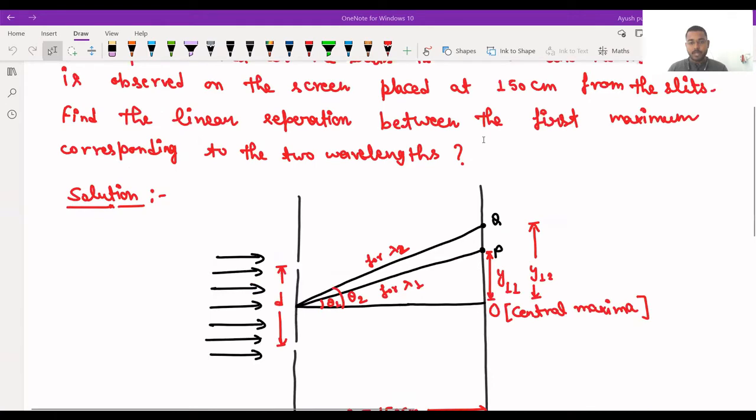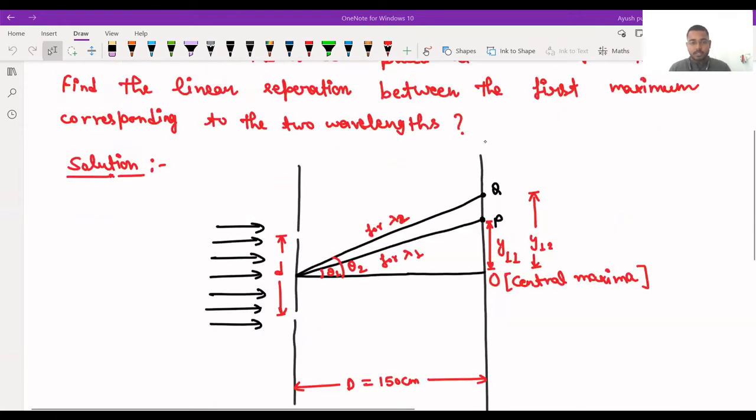So see this diagram. In this diagram, I am incidenting light like this, and these are two slits. This is slit S1 and this is slit S2. Now from these two slits, light is emitting, and I am considering lambda 1 is equal to 480 nanometer and lambda 2 is equal to 600 nanometer.